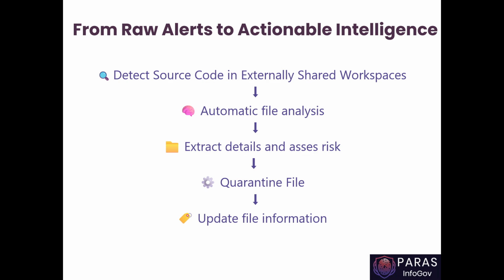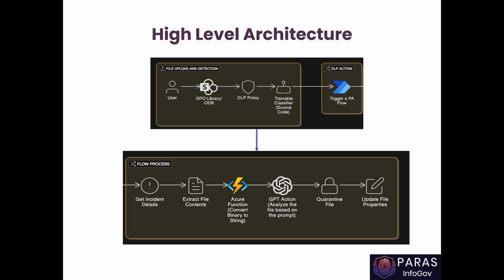Now that's intelligence, and we're going to do that using a combination of Purview DLP, Power Automate, and some Azure OpenAI GPT. Now, we detect source code in externally shared SharePoint sites. We send those files to GPT for analysis, and then we extract the details of that analysis. We assess the risk. We quarantine the file, and then we update that information back as metadata on top of that particular file.